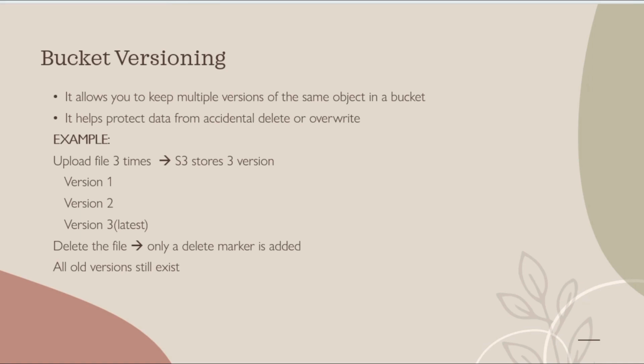Instead, it will add a delete marker to that object. So we can restore the previous version of the file at any time. And versioning can be enabled or suspended, and it can be disabled only when the bucket is completely empty.